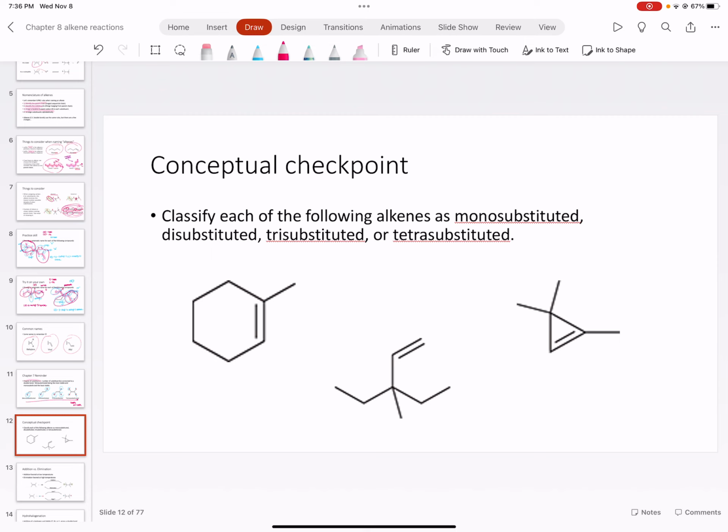So we said that substitution was mainly about the number of carbon-carbon bonds connected to a double bond. For example, here I have one carbon-carbon, I have two, and then I have three. Therefore this one will be trisubstituted.